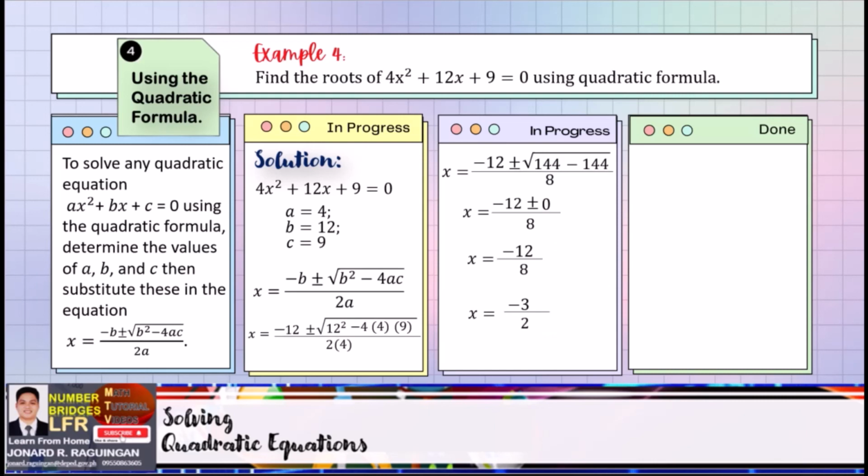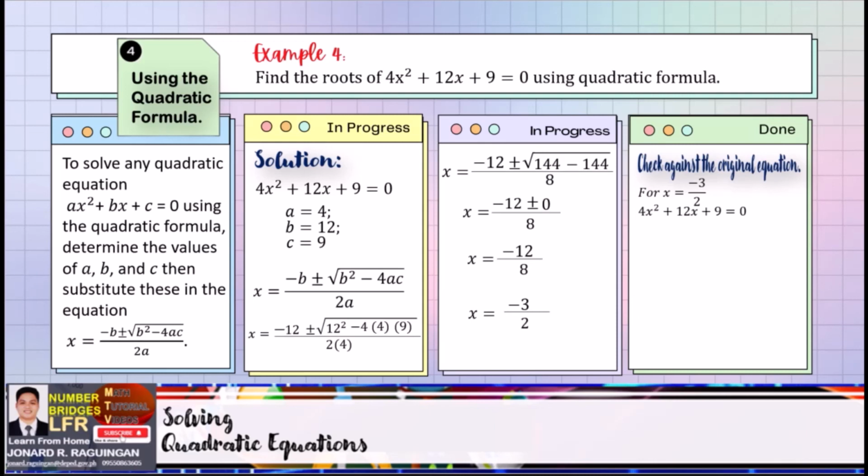Let's check whether the value of x, which is negative 3 all over 2, is a solution of 4x squared plus 12x plus 9 is equal to 0. So using the original equation, we have 4x squared plus 12x plus 9 is equal to 0.